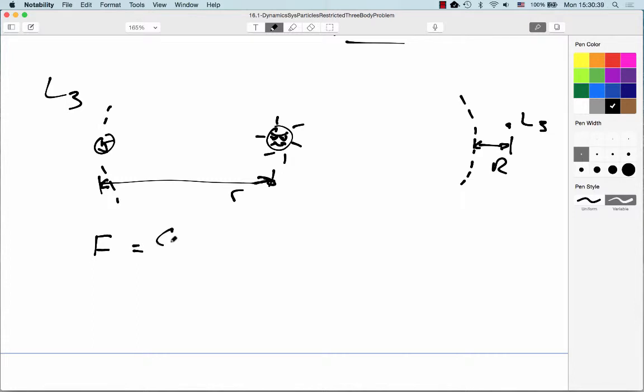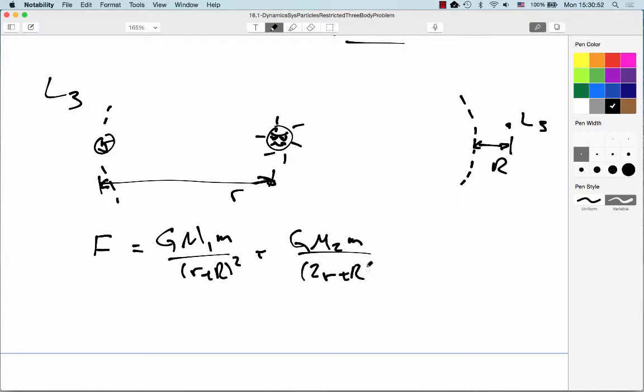You'll get Gm1m over r plus R squared plus Gm2m over 2r plus R squared equals mv squared over r plus R.